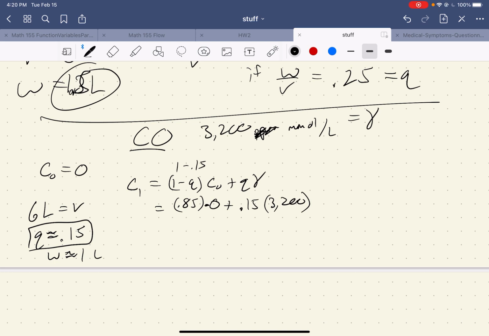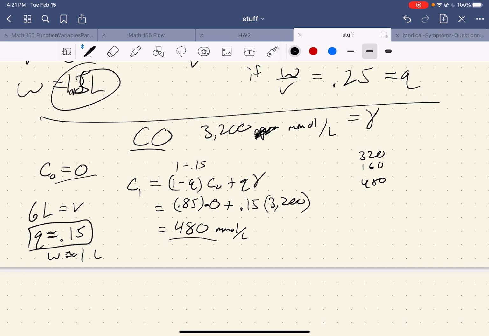All right. So 0.15 times 3,200, well, if it was just 0.1, I would have 320, and then I have to add half of that, so that's 160, so then I get 480. So I get 480, and again, we're just pretending this is millimoles per liter. So within one breath, I'm going from 0 up to 480.